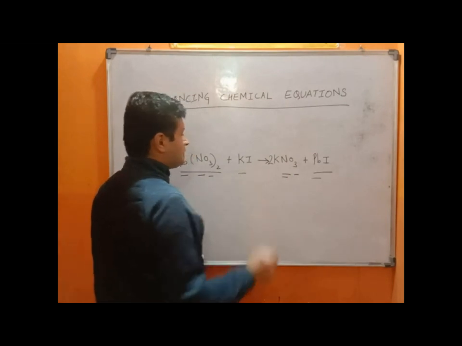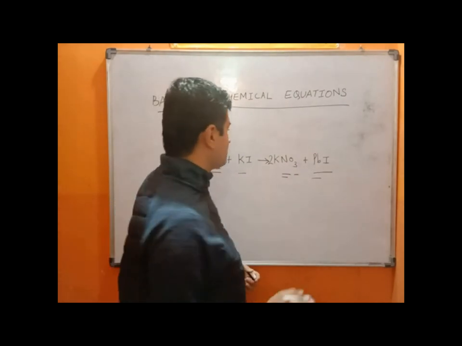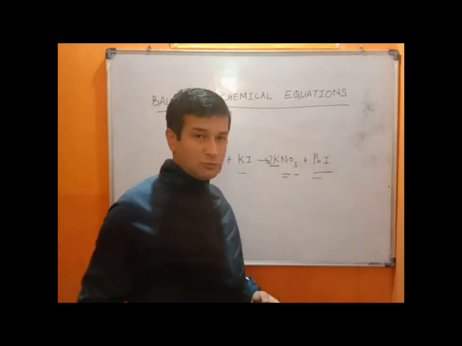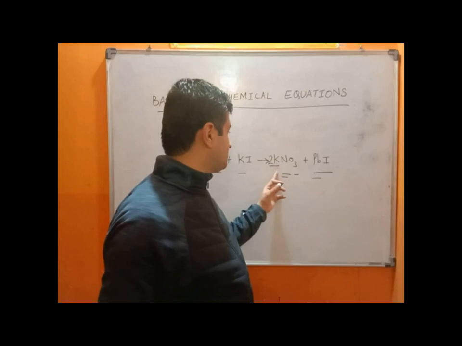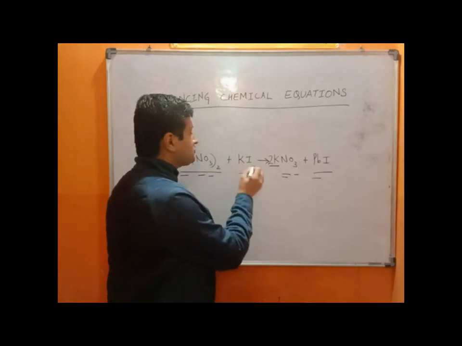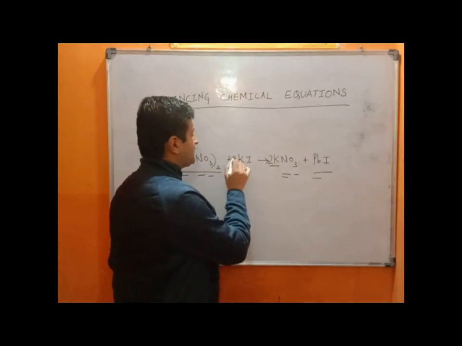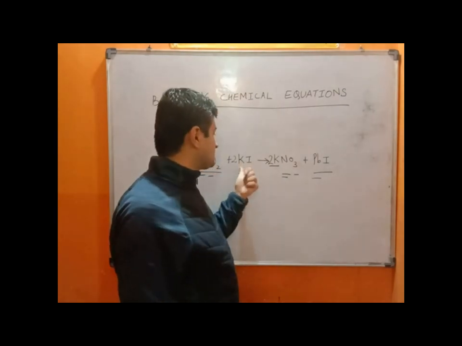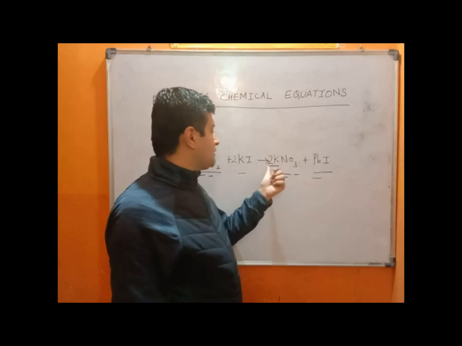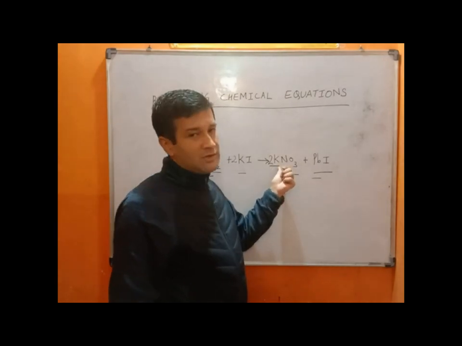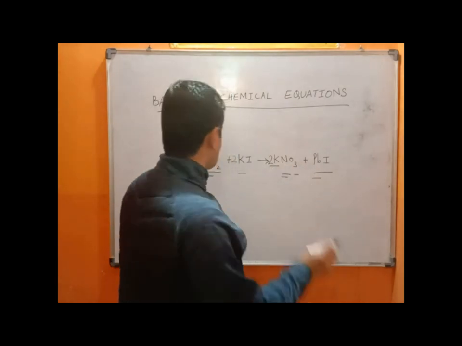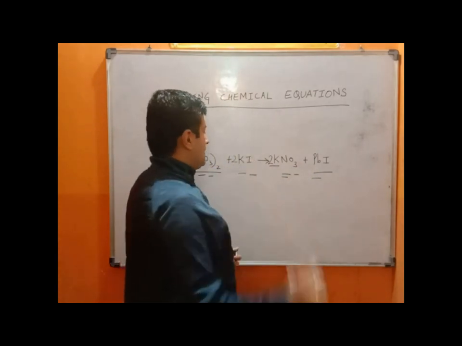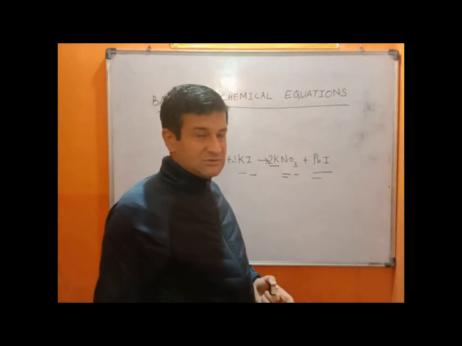Now we have 1 atom of potassium. Over here you have 2 atoms of potassium. So in order to make them equal, we write 2 over here. So you have 2 potassium atoms on the reactant side and 2 potassium atoms on the product side. Now you have 2 iodine atoms.